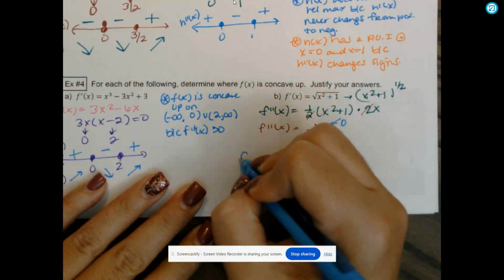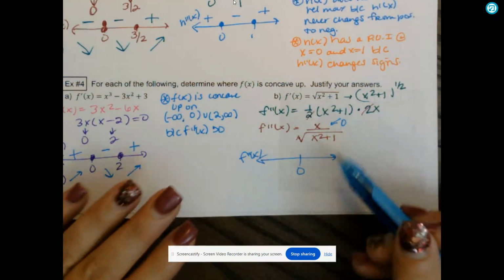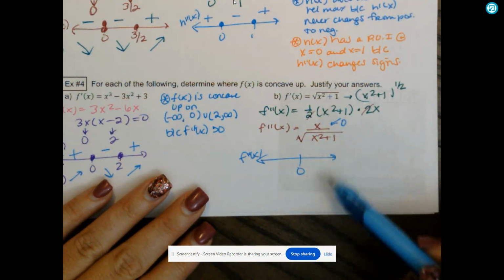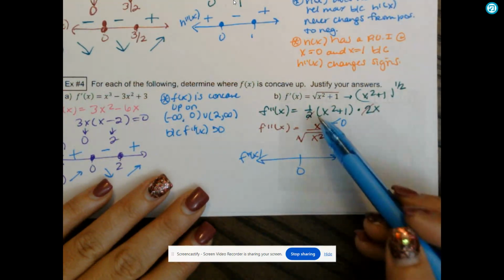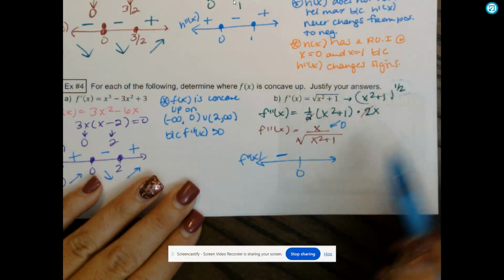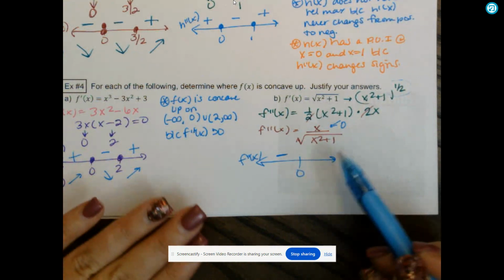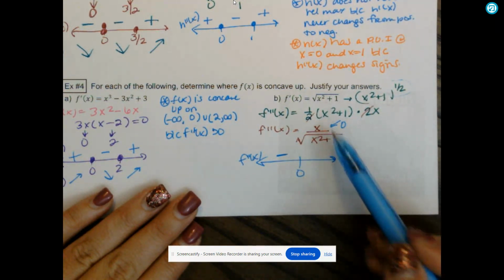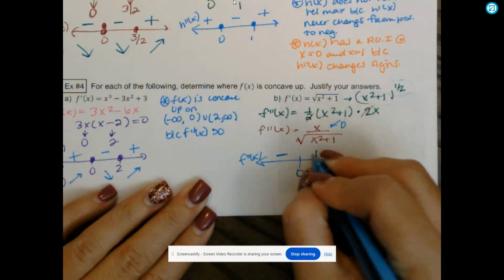All right, so this is our f double prime. So if we pick a really, really big negative number, that's going to be a negative on top, a negative squared plus 1 is a positive, and a positive is a negative. I'm going to pick a positive because of our fractional exponent. I'm not going to try to do the dot thing. So I'm going to pick a positive. Positive over a positive is going to be a positive.